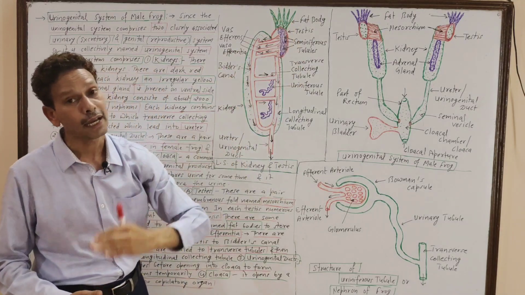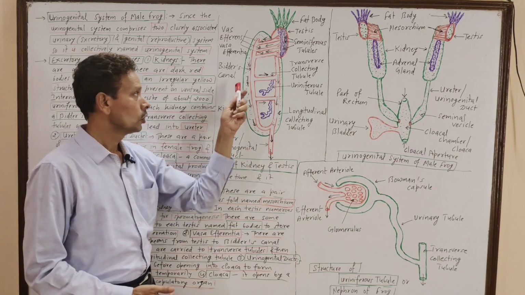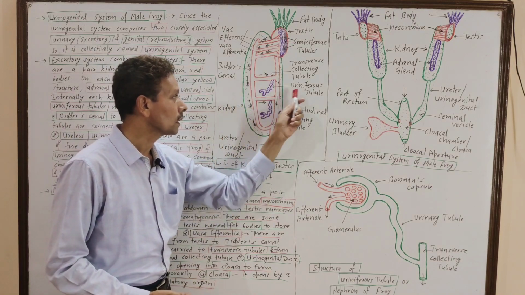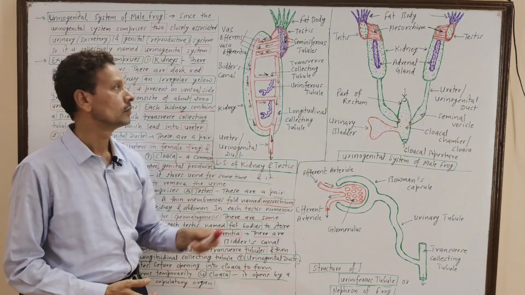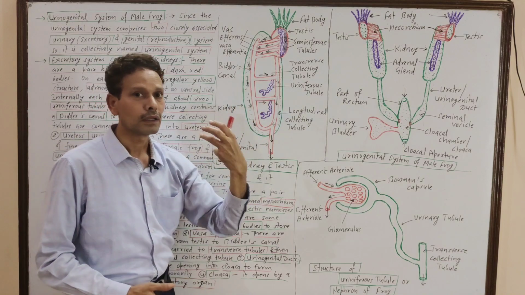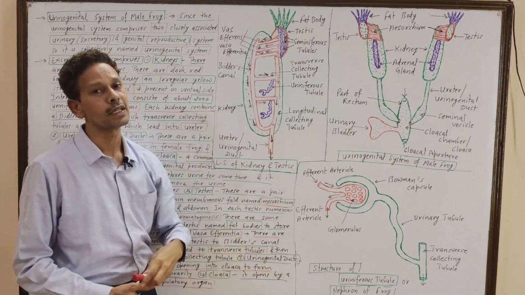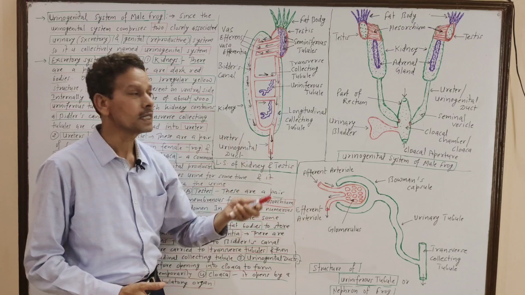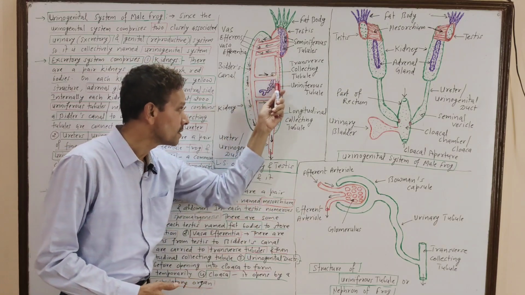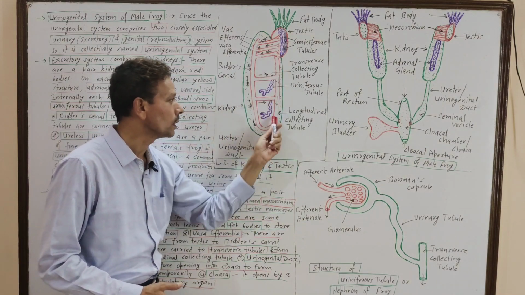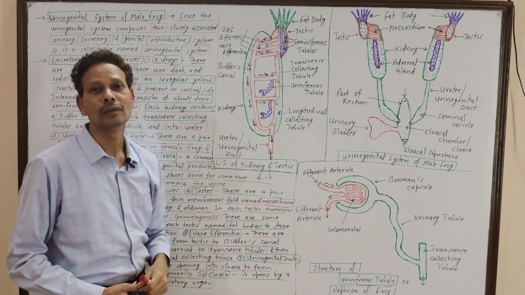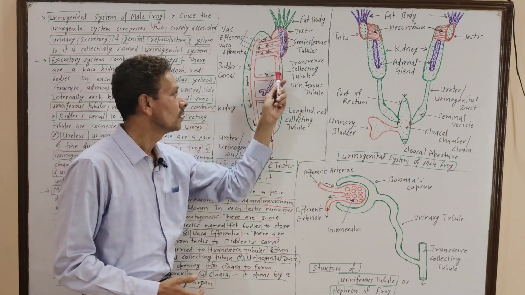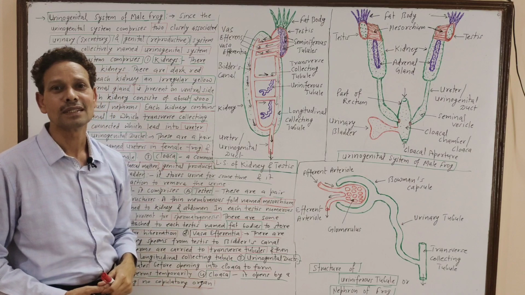It is Bidder's canal. Through the transverse collecting tubules, the urine as well as male reproductive discharge is carried into another longitudinal collecting tubule.